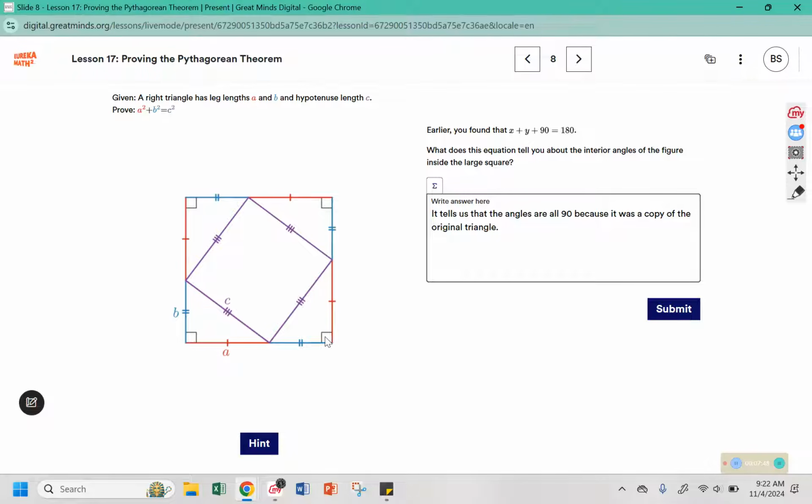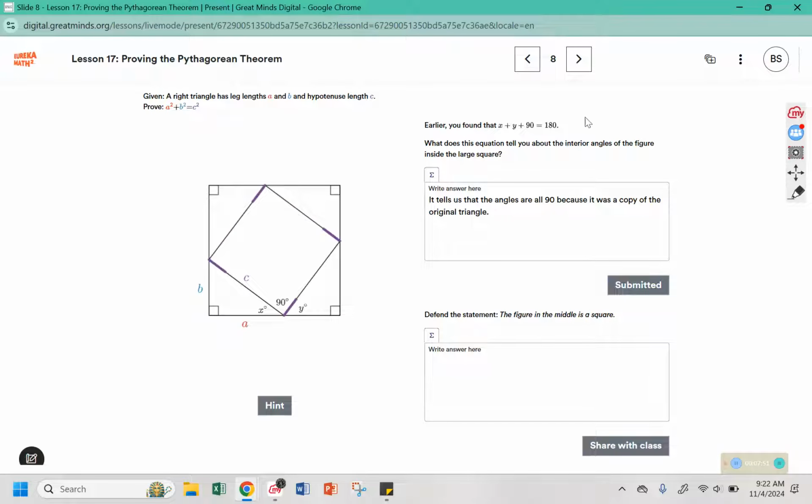So this is 90, 90, 90, and 90. X plus Y plus 90 equals 180 from the triangle angle sum. But with a straight angle, it will also equal 180. So that missing piece has to be 90.